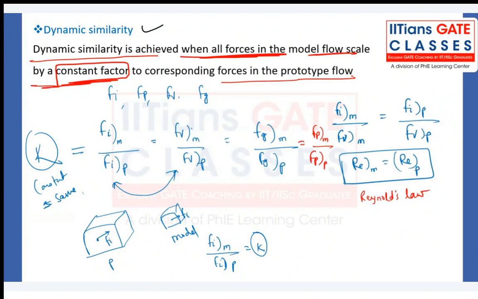The ratio of the different forces at corresponding points of model and prototype should be the same. That's a very simple and straightforward definition of dynamic similarity.